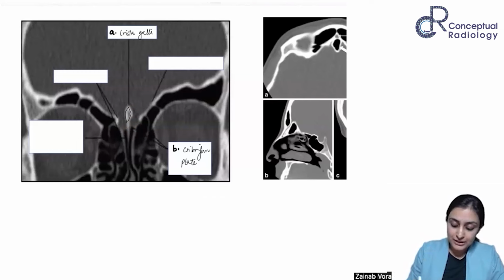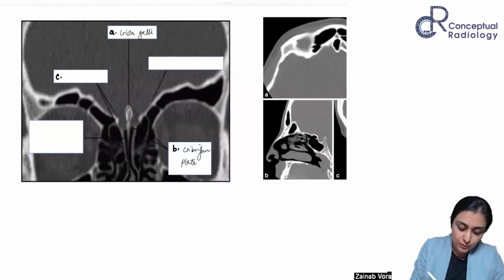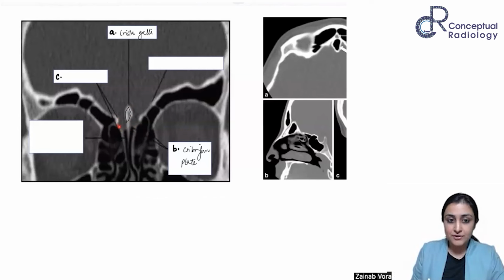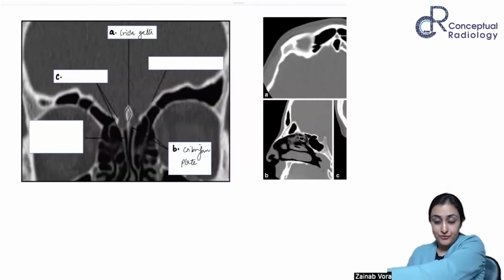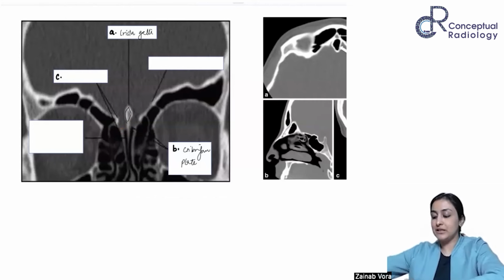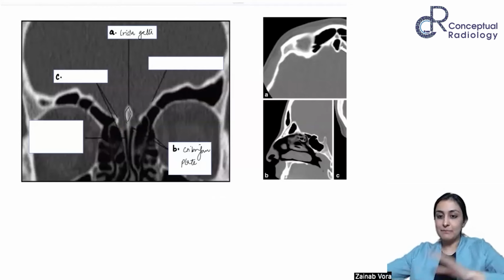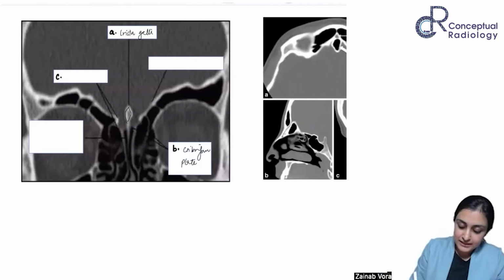Okay, look at structure C now. What is structure C? It is just lateral and superior, superolateral to the cribriform plate. What is C going to be? The superolateral part of the roof. Yes. So this is the lateral lamellae, going laterally.